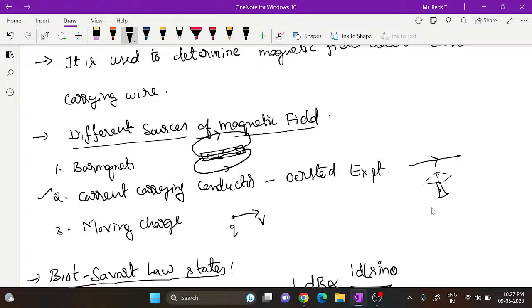In the chapter on electromagnetic waves, we study that if the particle is moving with acceleration, it produces electromagnetic waves, which carry both variable electric and magnetic fields. We are not entering into that now. We just have to understand that a moving charge is one of the sources of magnetic field.